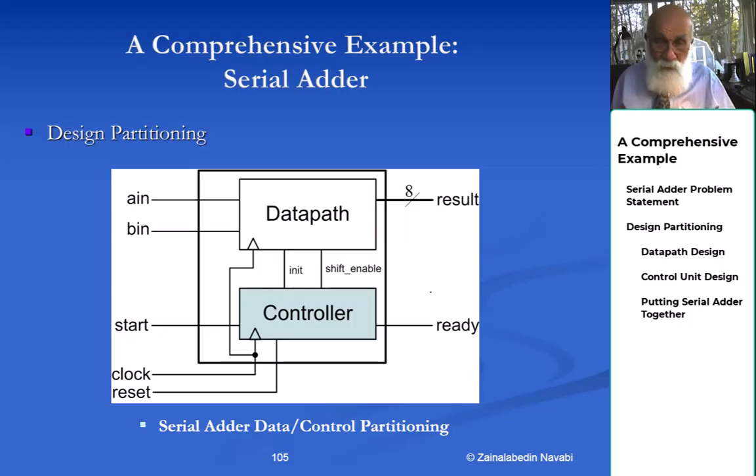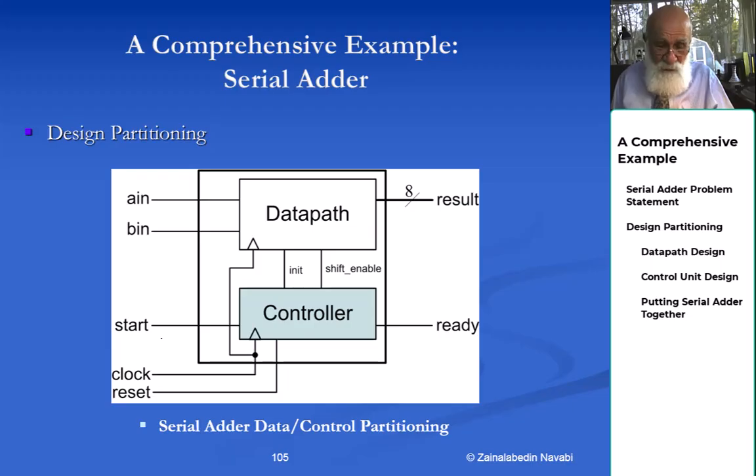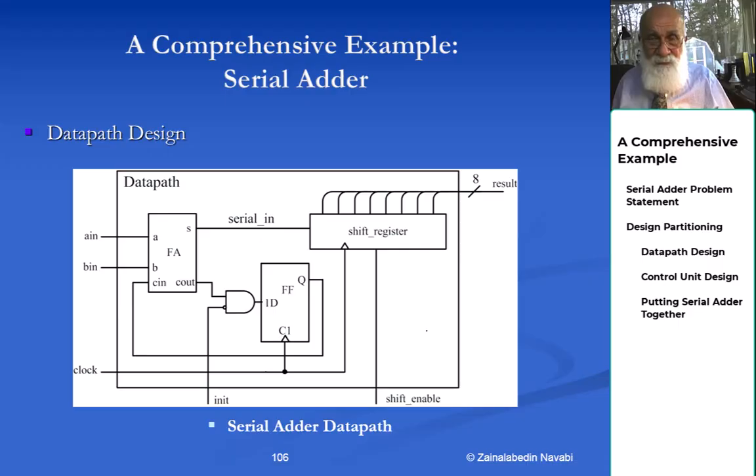And then the controller has a start signal and a ready signal. Start and ready, even though they go to the whole serial adder, are really not a part of the data path of it. They are part of the controller. They directly come in to the controller, and the controller issues the ready altogether. So the initial partitioning is done.